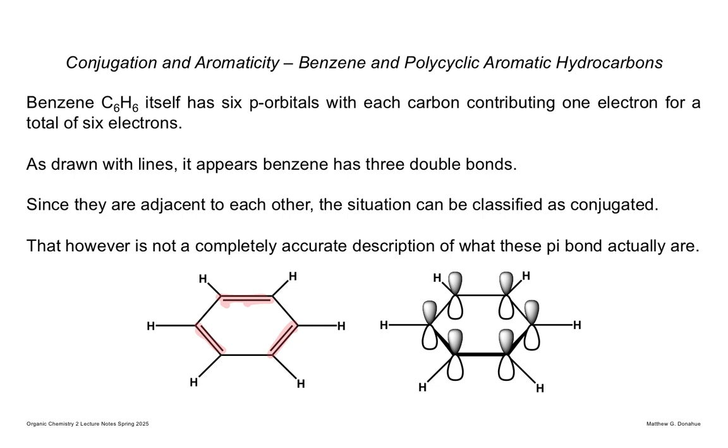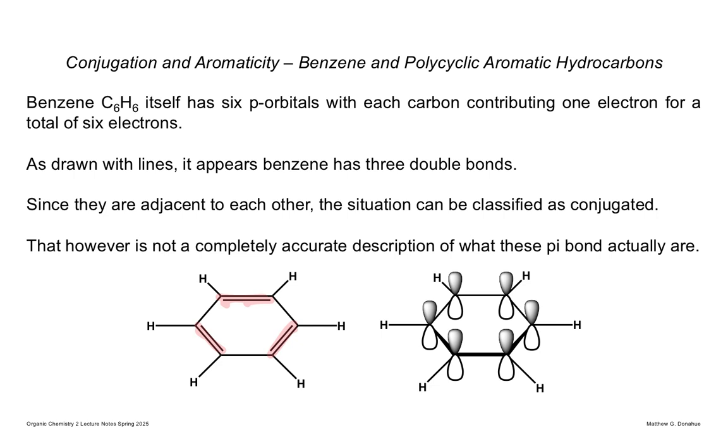I said all the bond lengths are the same, so the pi cloud sort of exists as the buns of a hamburger. So you have a top bun and a bottom bun. And the electrons are delocalized over those entire faces. They're not between any two carbon atoms.